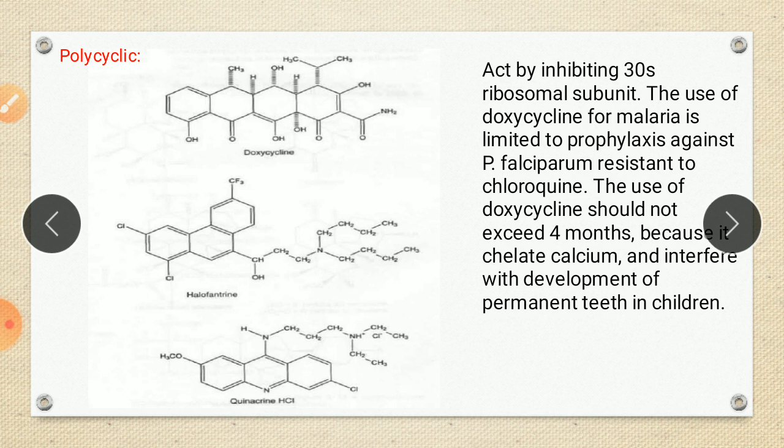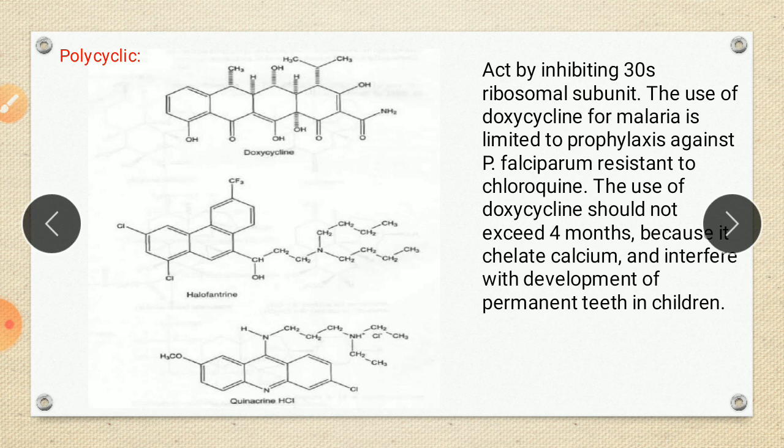So doxycycline is mainly used as an anti-malarial drug. This drug acts by inhibiting the 30S subunit. It is a ribosomal subunit, which is required for protein synthesis. So mainly the target is the 30S subunit of the parasite. This drug has limited use as an anti-malarial drug, only for prophylaxis purposes.